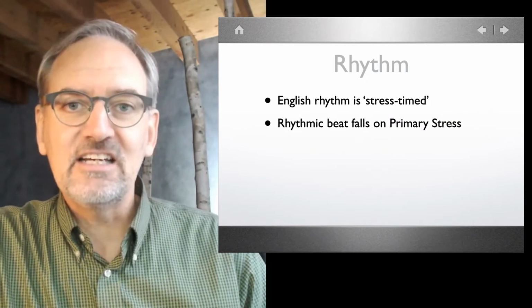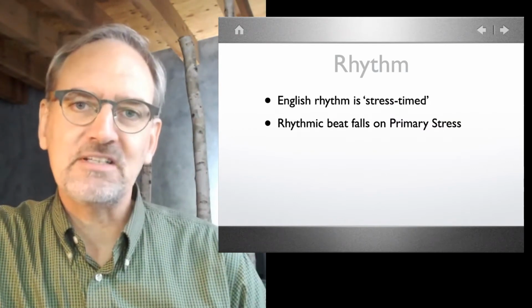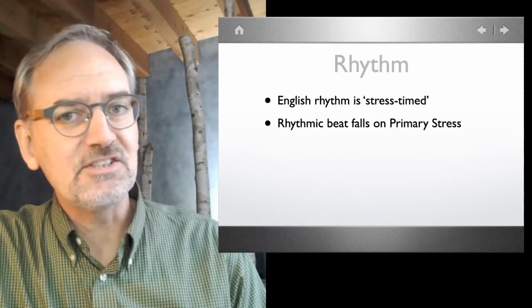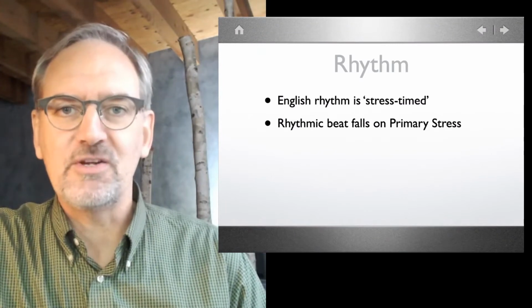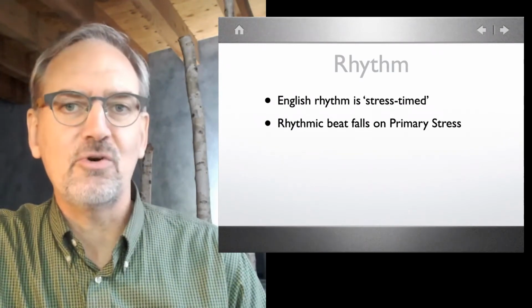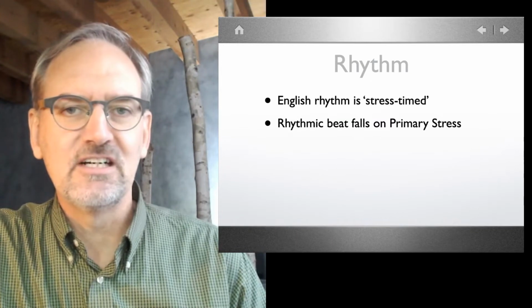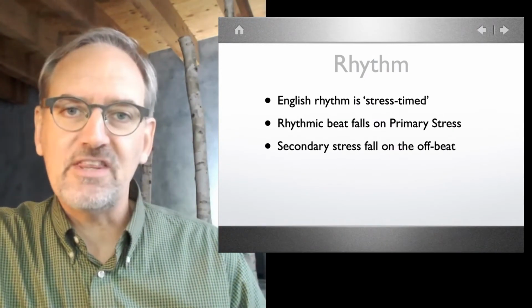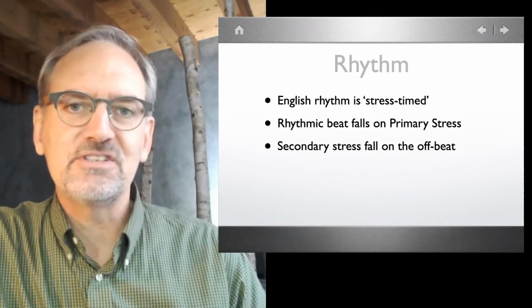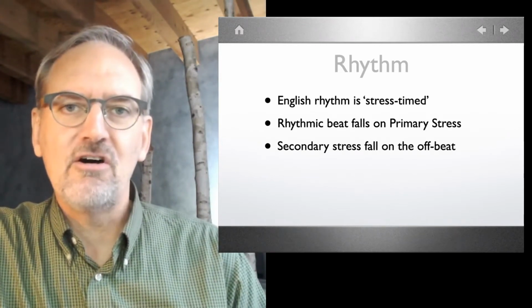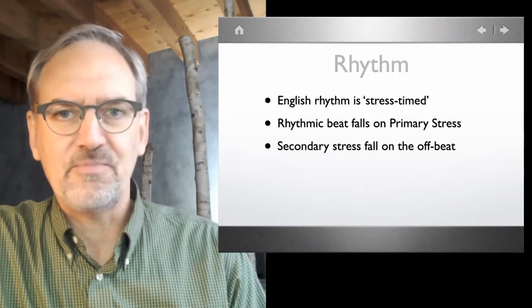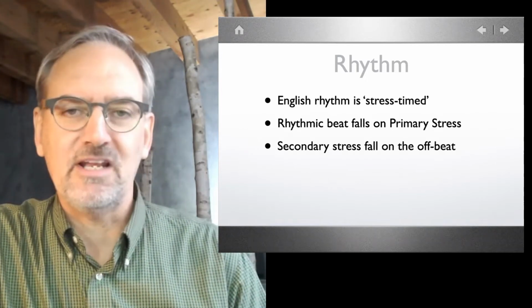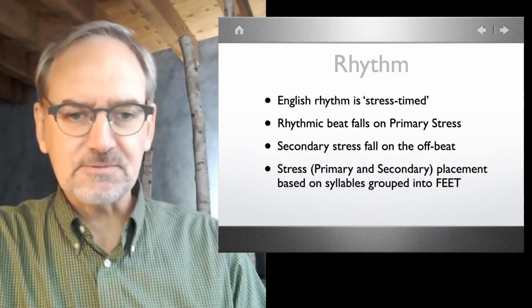And importantly, each word must have one primary stress. In some cases, there's only one stress, but if there's more than one stress, if there are 2 or 3 or 4 stressed syllables, only one of them will have primary stress. And in terms of the rhythm of speech, those secondary stressed syllables fall on the kind of offbeat in the timing of English speech. I'll refer to this in a minute when we look at some examples of sentences.